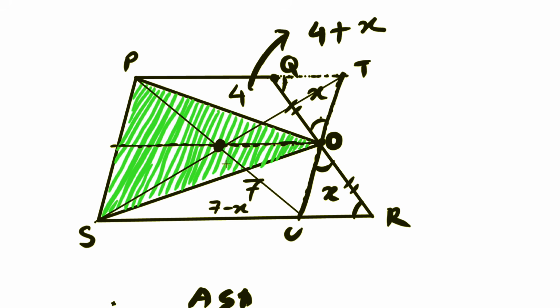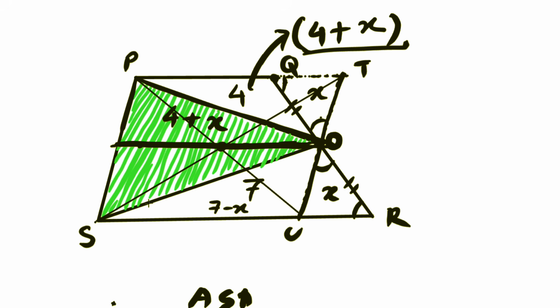Look first at the upper parallelogram. The relevant diagonal divides it into 2 equal area triangles. One of those triangles corresponds to the upper portion, whose area we already determined to be 4 plus X. Therefore, the part belonging to the middle triangle also has area 4 plus X.